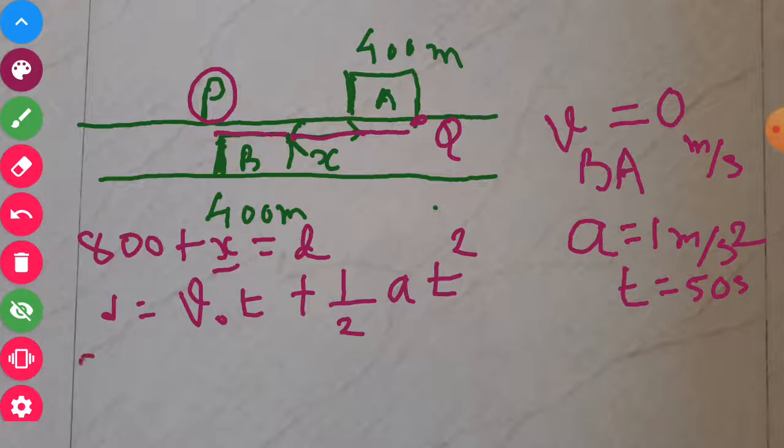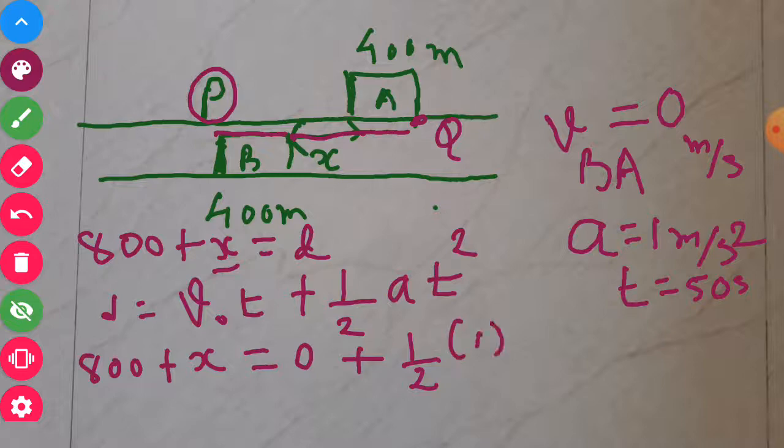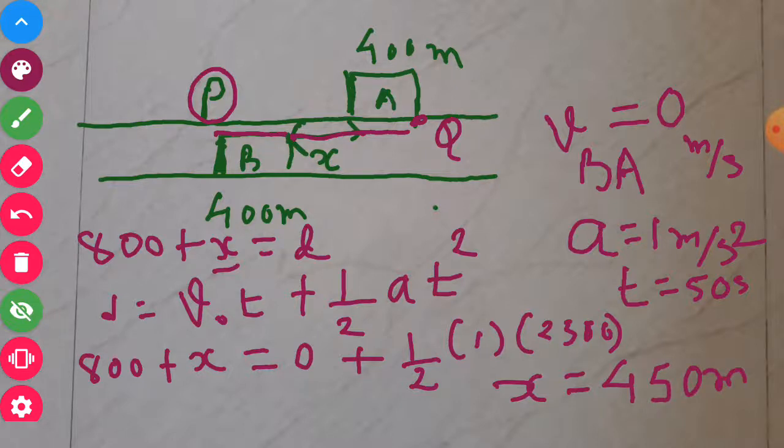Distance covered is 800 plus x is equal to the initial velocity of B with respect to A, which is 0, plus, because 0 into t will be 0, 1 by 2, acceleration is 1, into t square, that is 50 square, which is 2500. So if you simplify this, then you will get x to be 450 meter.